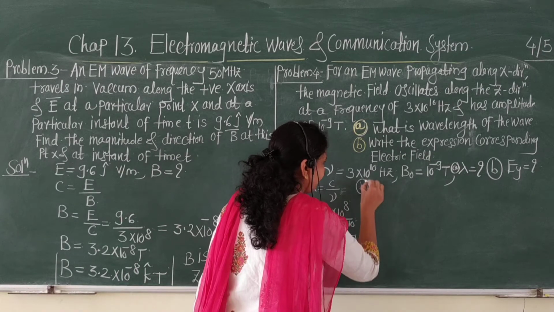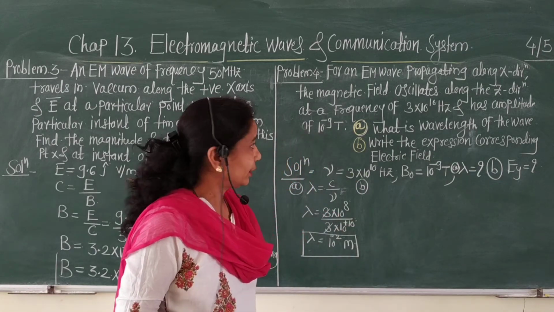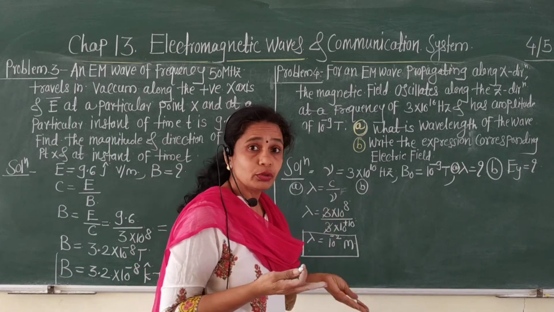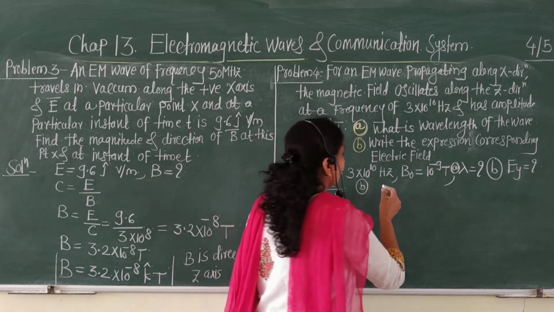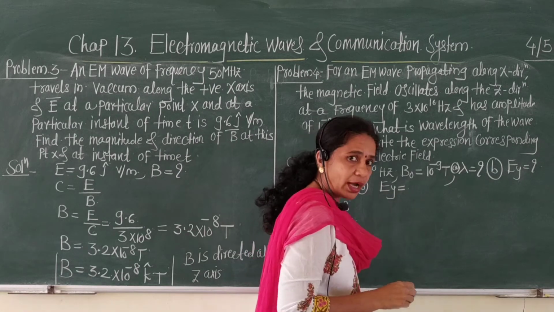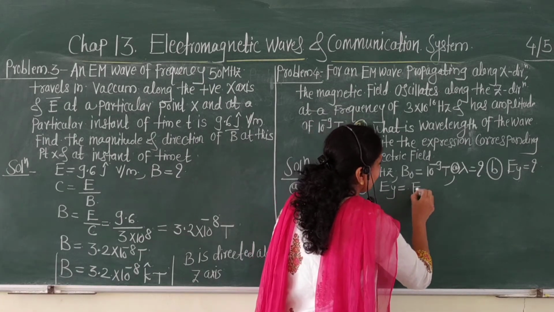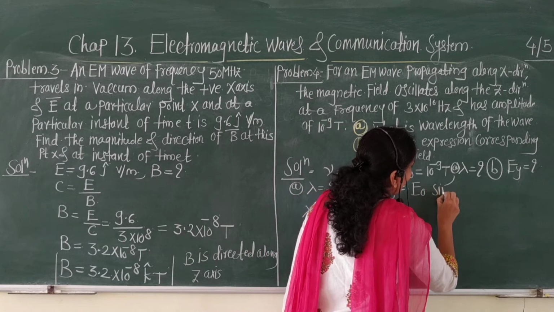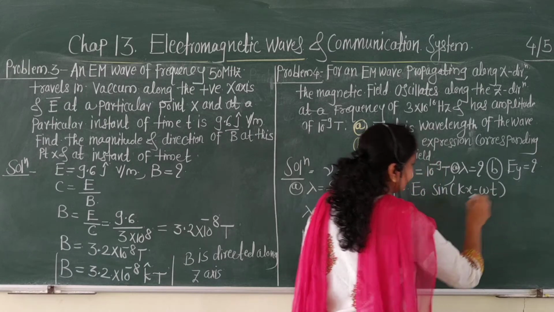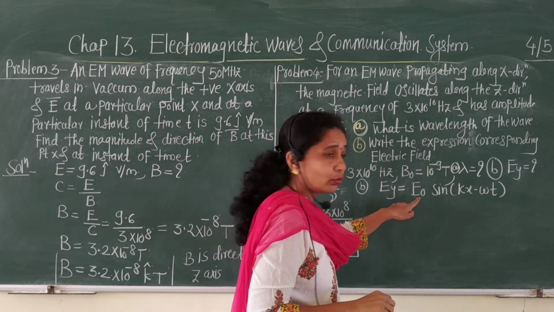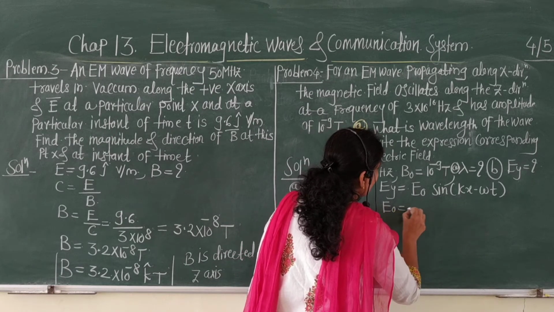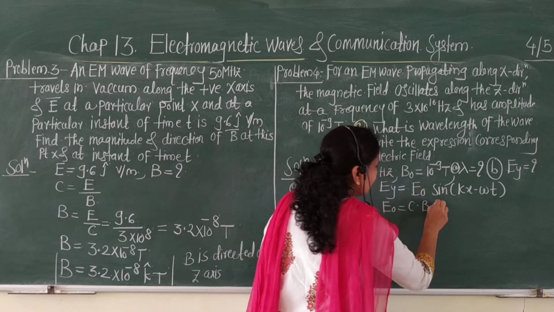Now we have to write the expression corresponding to the electric field. Therefore, the expression is E y equal to E naught sine of (kx minus omega t). Let us first calculate E naught. E naught is equal to C into B naught.